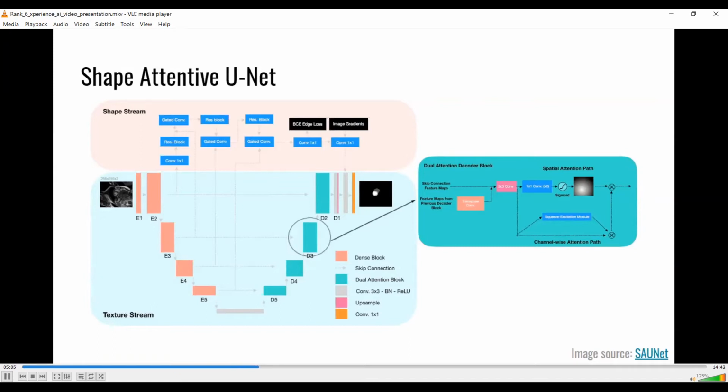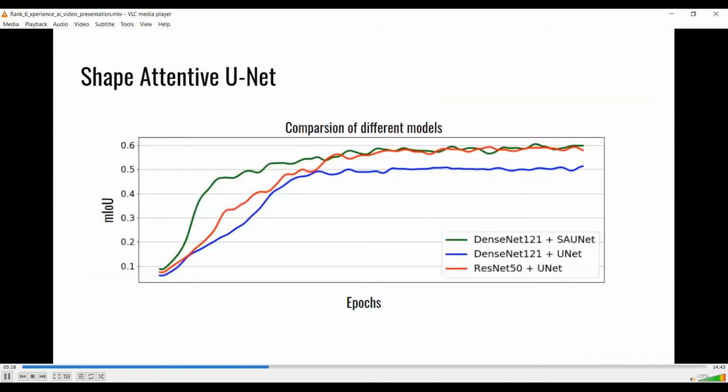The gated shape stream handles feature representations from the texture stream and refines relevant boundary and shape information. Authors use gated convolutional layer to merge the information from both streams. We decided to compare it with such models as DenseNet 121 plus UNet and ResNet 50 plus UNet.